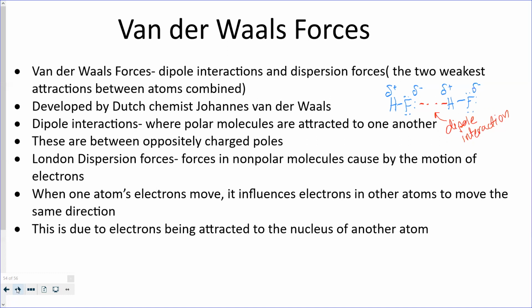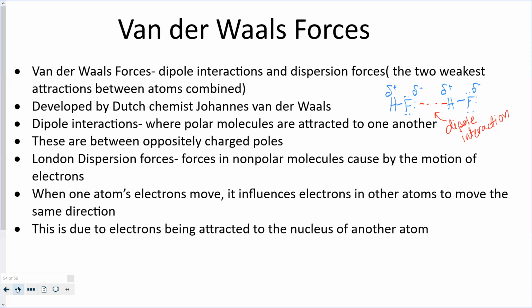What happens is they will unequally distribute at some point in time while they're moving around, which causes this dispersion force. When one atom's electrons move, it can influence the electrons of other atoms around it to move in the same direction. And this is due to electrons being attracted to the nucleus of another atom.